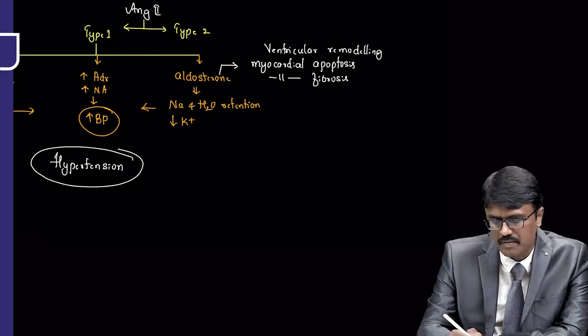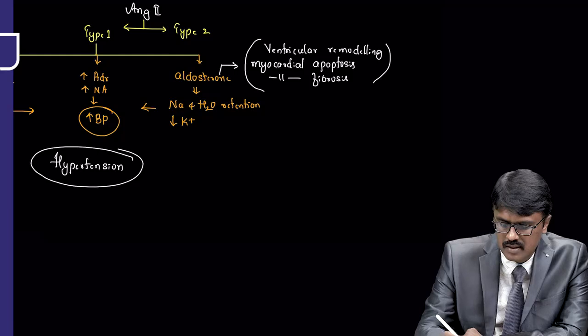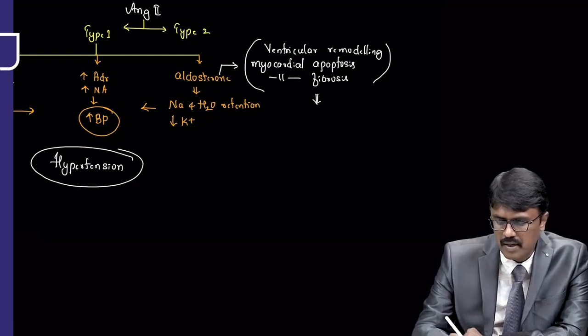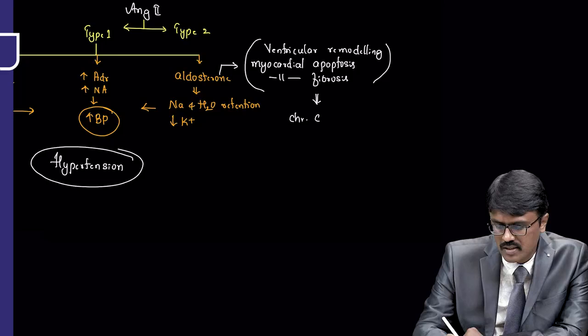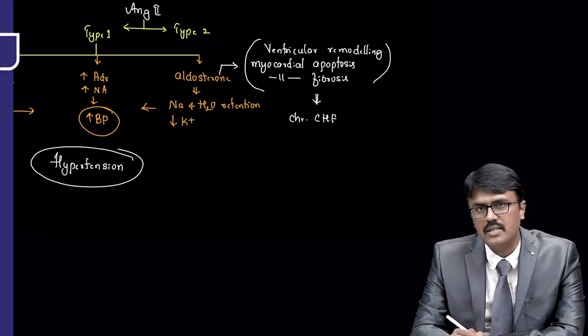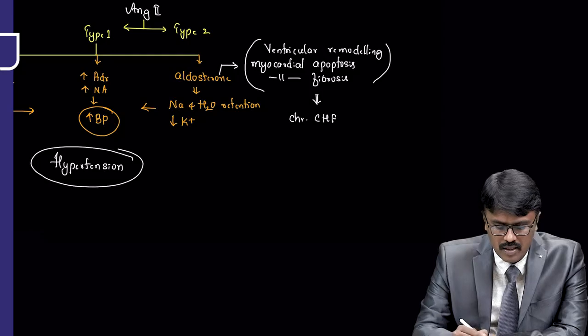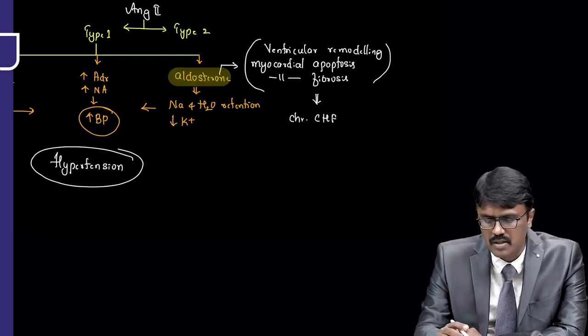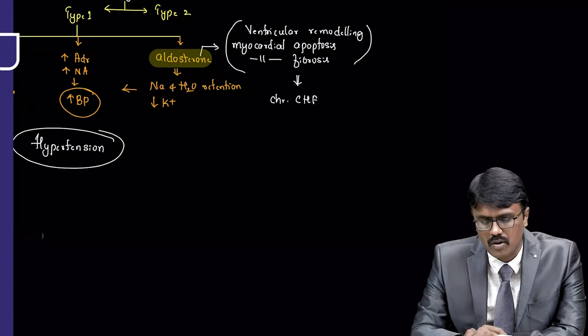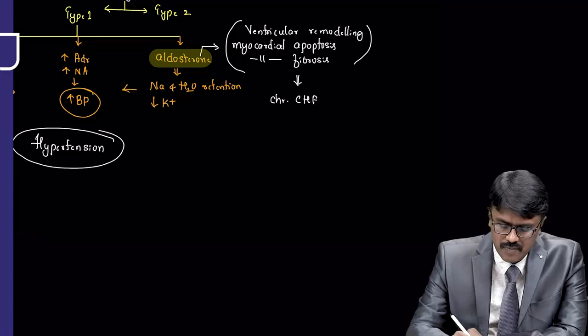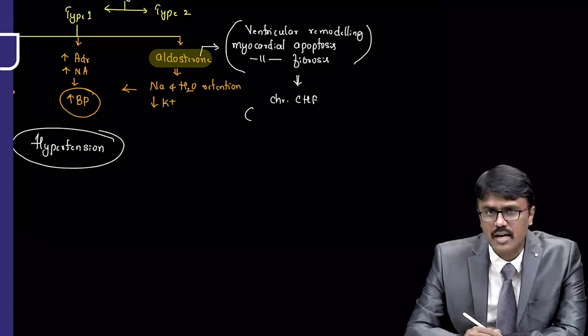Now, what is the problem if the heart is affected like this? This will be problematic in a patient with chronic CHF. A chronic CHF patient will have very high aldosterone activity, and the patient will have ventricular remodeling, myocardial apoptosis, and fibrosis.